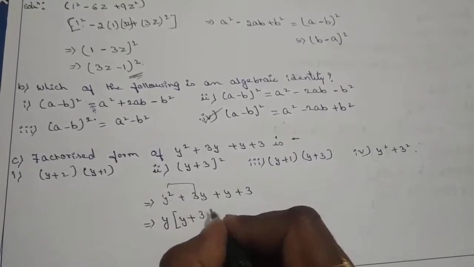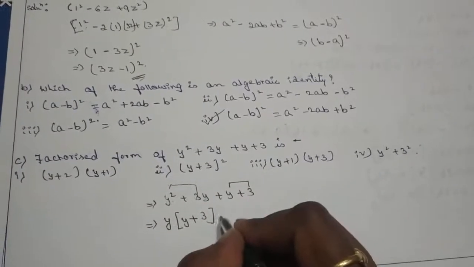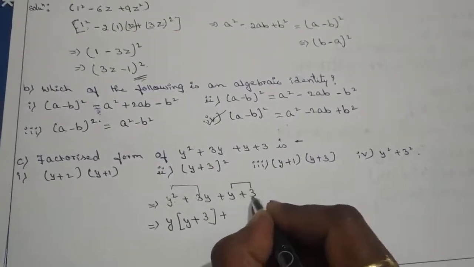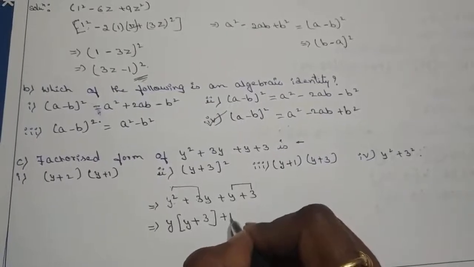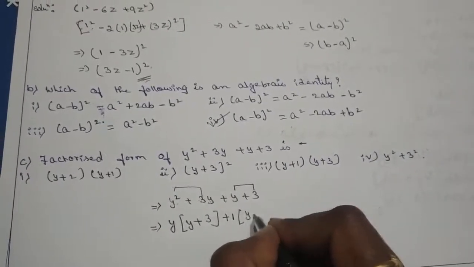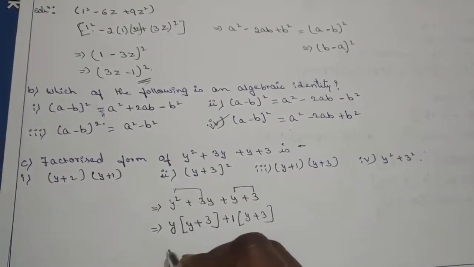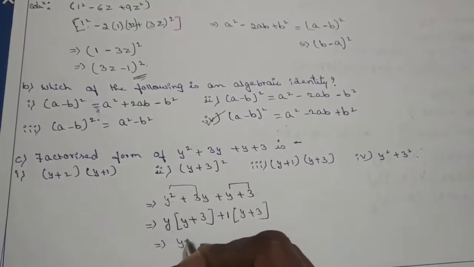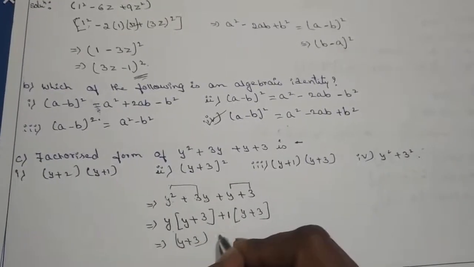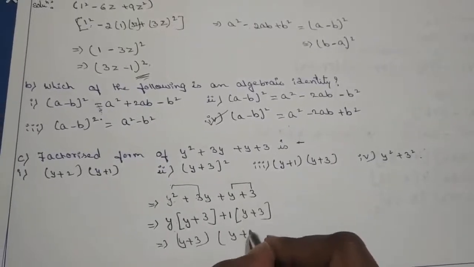then the left out is 3. Now go with these 2 common. So plus you write down as it is. Here nothing is common. When nothing is common, we know that 1 is a factor of every number. Then left out is y plus 3. Then in between these, we have y plus 3 common. Open the bracket. Then what is left? y plus 1.